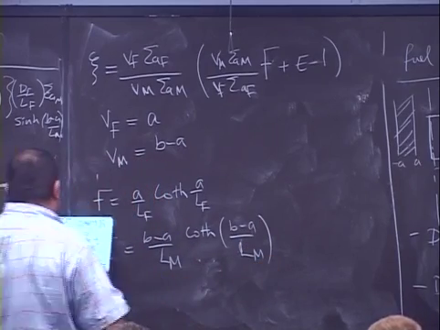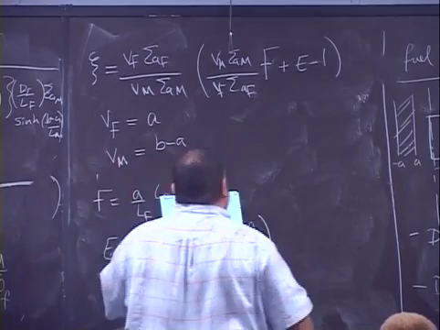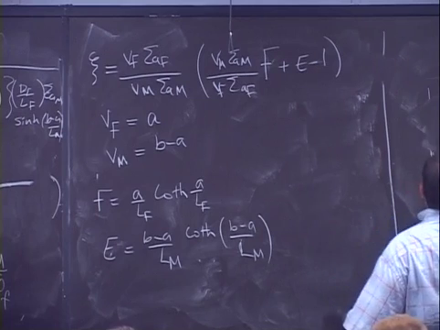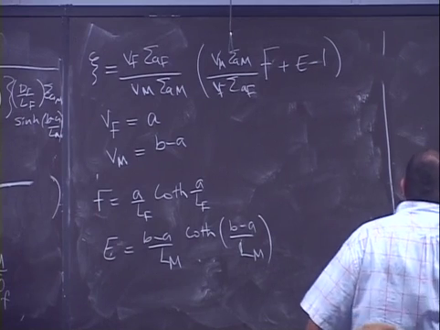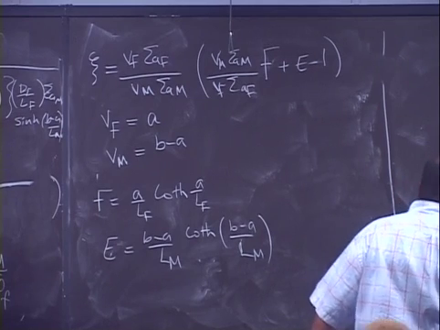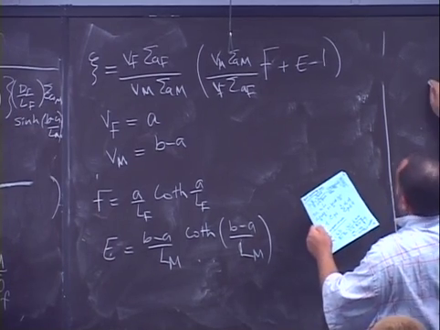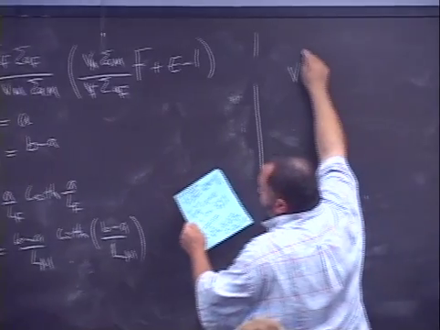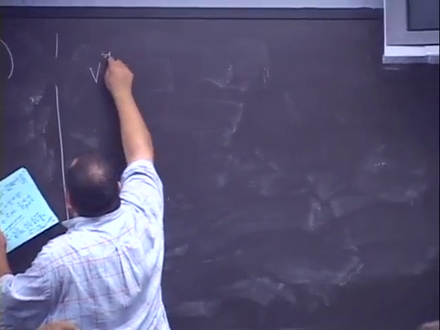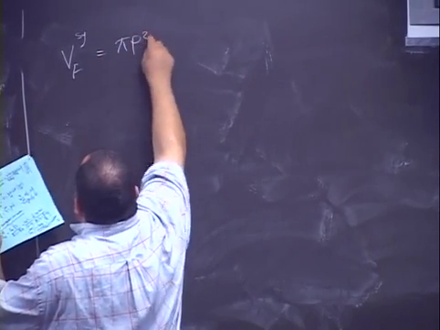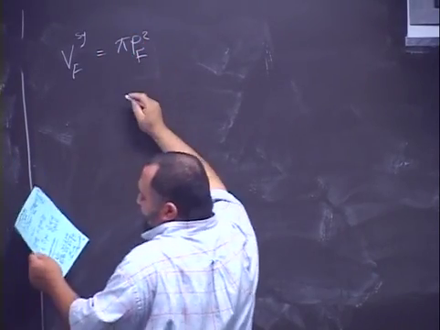Okay, so let's look at certain reactor geometries. For a cylinder, VF is equal to pi rho square F, where rho is the radius of the fuel.